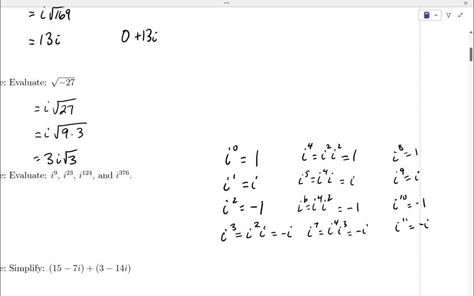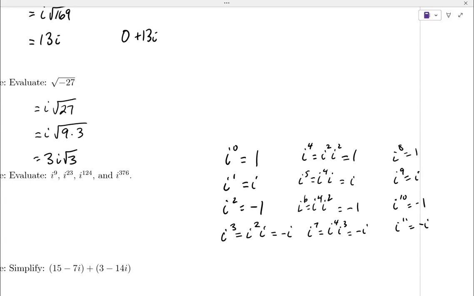It's just rotating around, it's just cycling. Okay. What do you notice about these exponents here? 0, 4, 8. They are multiples of 4, right? This is 1 more than a multiple of 4, 2 more than a multiple of 4, 3 more than a multiple of 4. So basically, we could just look at the remainder when we divide by 4.